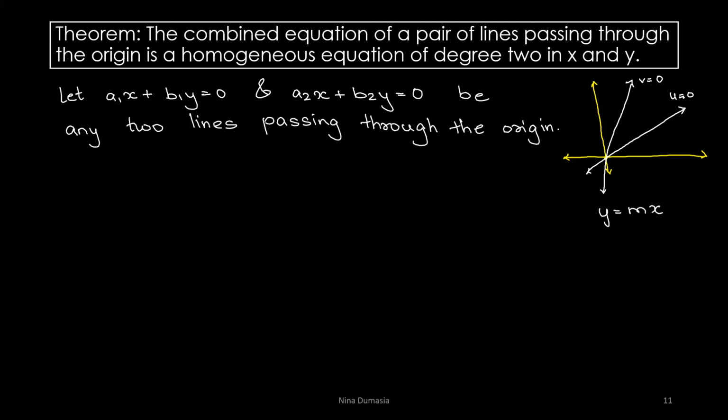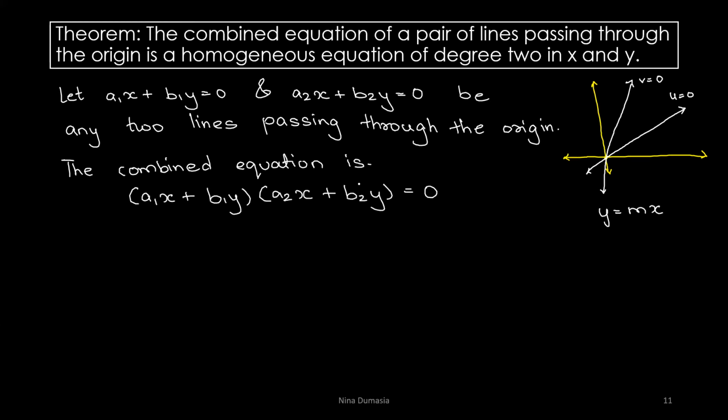Okay, basically I have taken these as u is equal to 0 and v is equal to 0. So now what will be their combined equation? So the combined equation is, we just have to multiply them. So this implies, let us multiply this: a1 a2 x square plus a1 b2 xy plus a2 b1 xy plus b1 b2 y square is equal to 0.